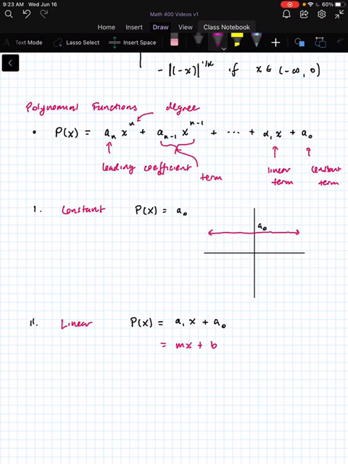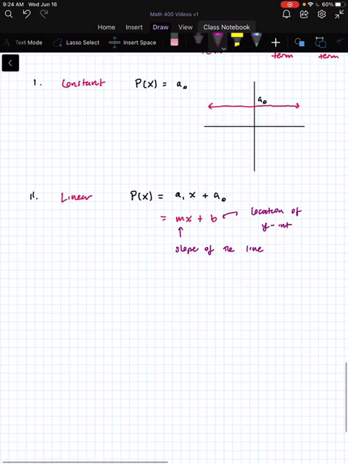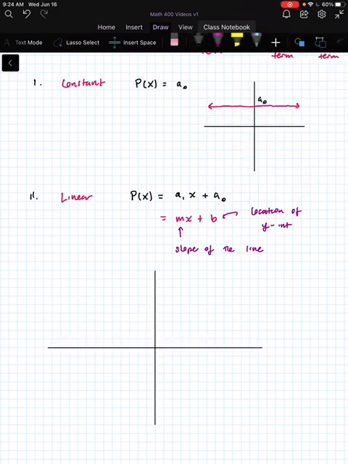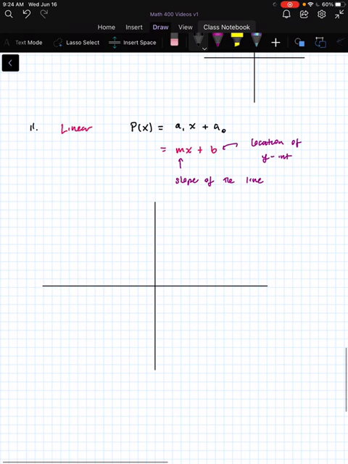So remember, what we're talking about here is the slope of the line that is defined. The line represents the graph of the function. And this is the location of the y-intercept. So we've talked about these before, but let's go ahead and graph them. So I'm going to graph a few example linear functions.